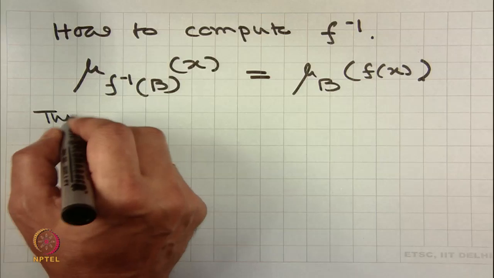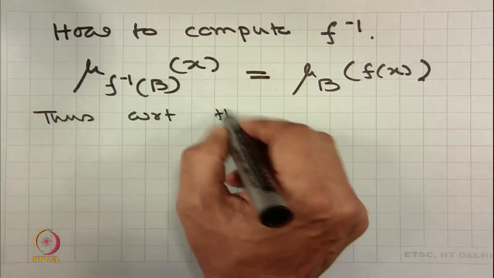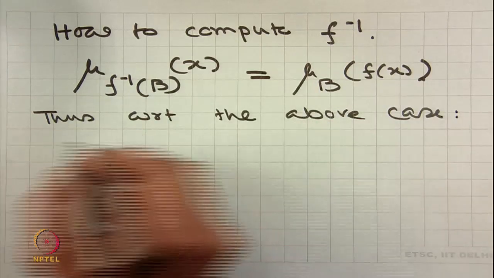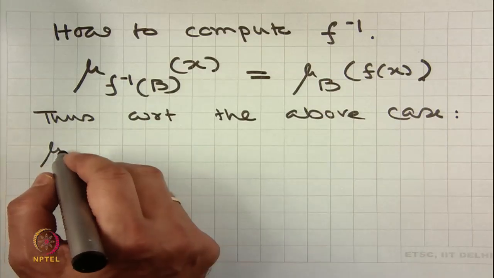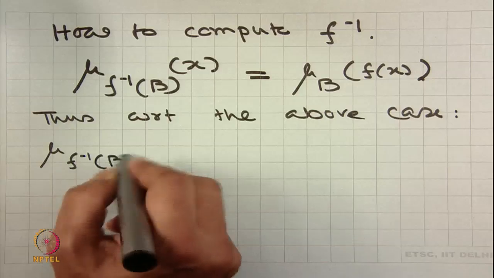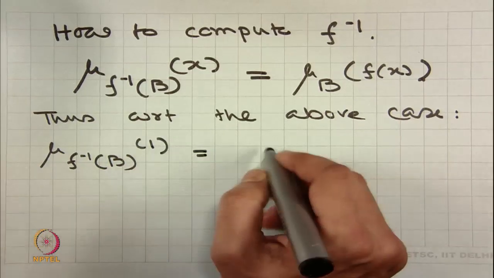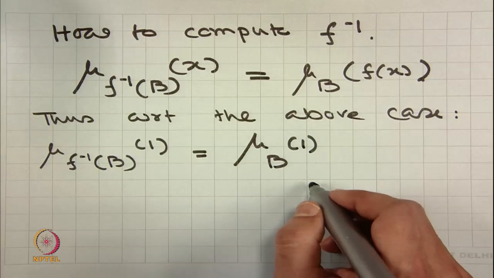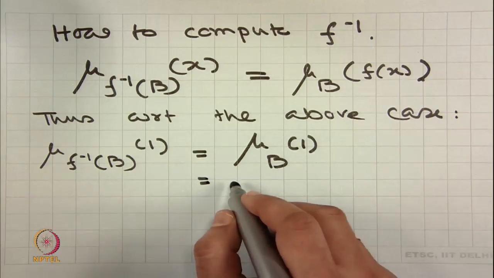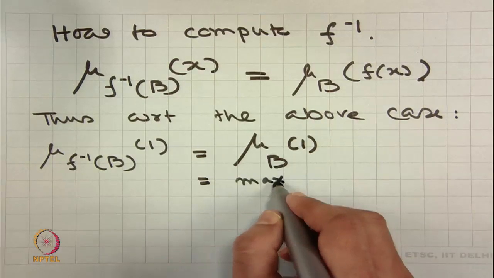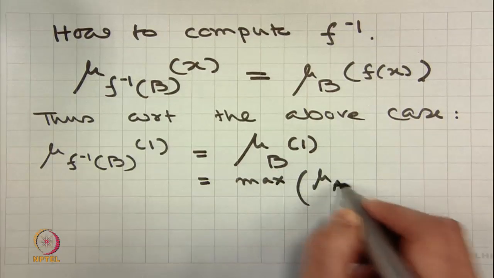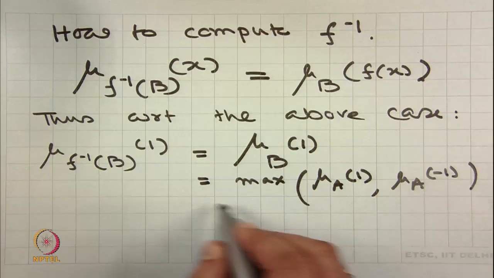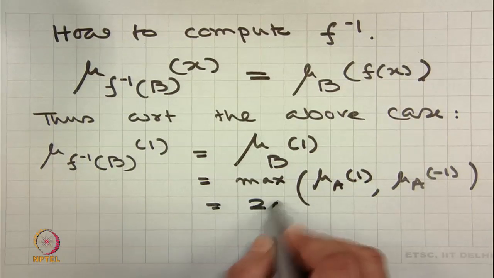Thus, with respect to the above case, mu F inverse B of 1 is equal to mu B of 1, which is equal to maximum of mu A of 1 and mu A of -1, which is equal to 2 by 3.